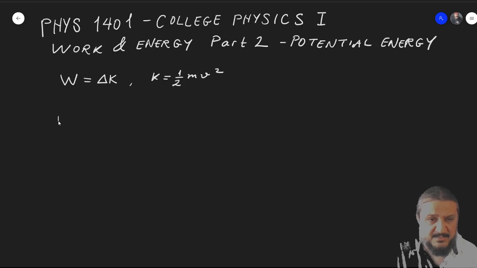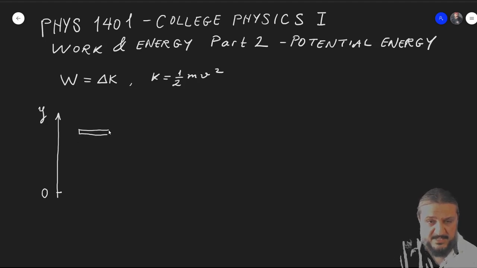Let's pick a coordinate system. The horizontal coordinate is irrelevant at this point, so let's just use the vertical. This is our y-axis with some origin that we pick. That's y equals 0. I'm holding the keyboard, or whatever I have, right here.